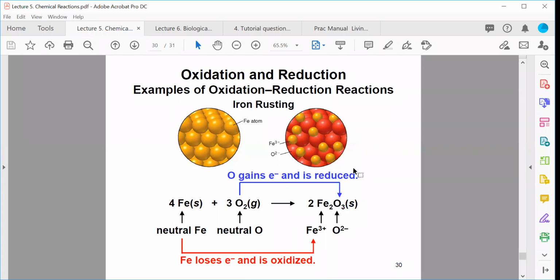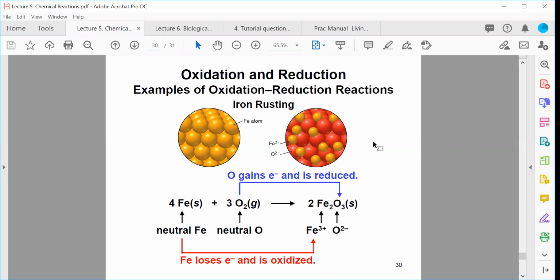And to understand what that means, now look at what we've got here. We've got now charged iron atoms, and we've also got the red oxides. And the problem with this iron oxide is that the interactions between these atoms are nowhere near as strong as the interactions between these pure, neutral iron atoms.